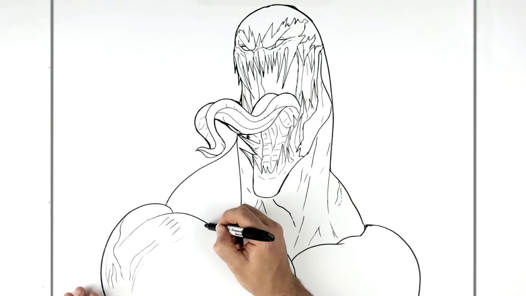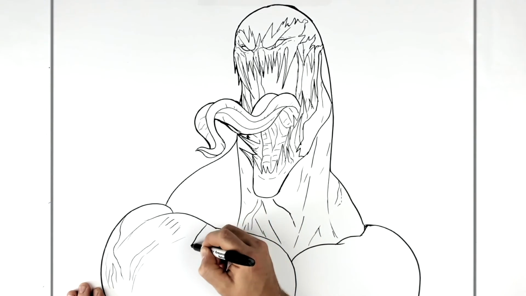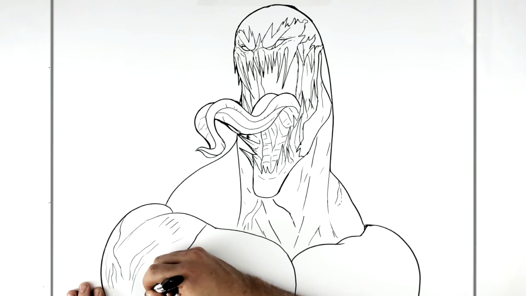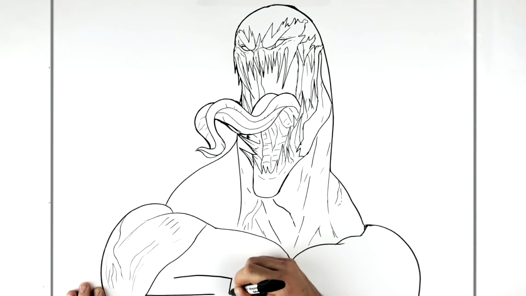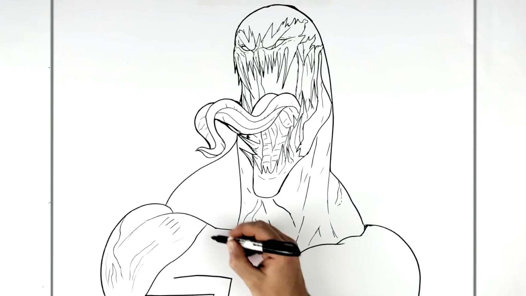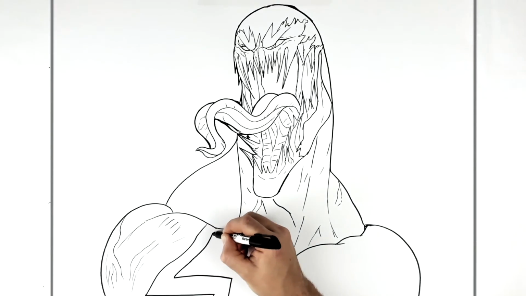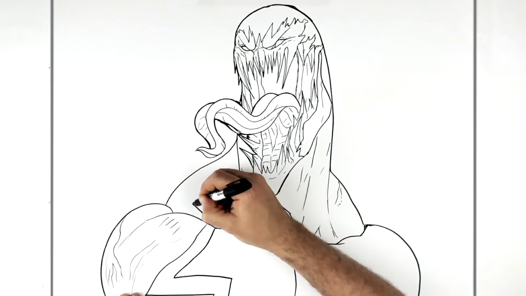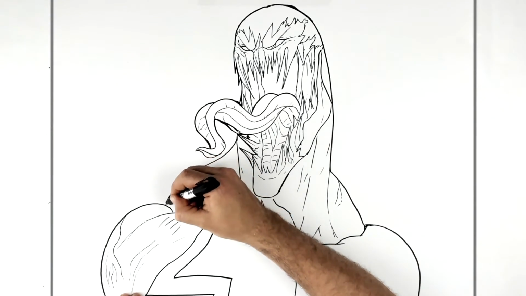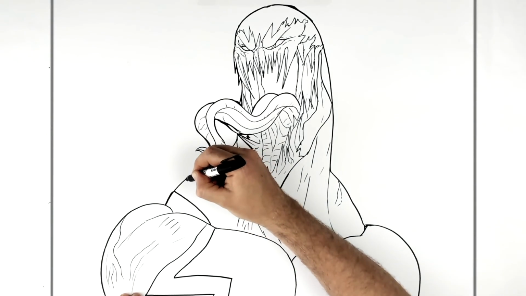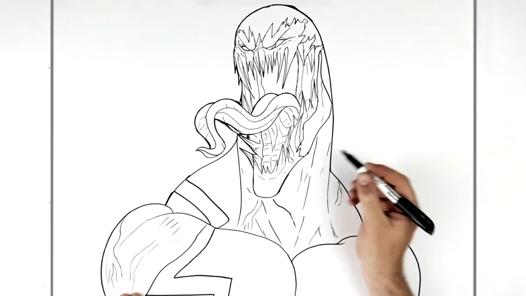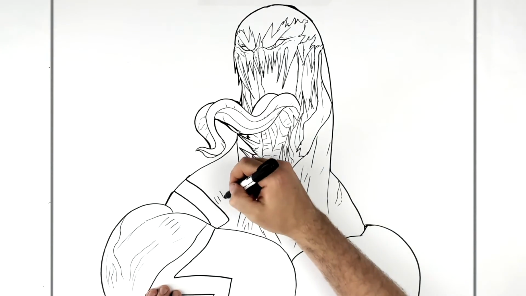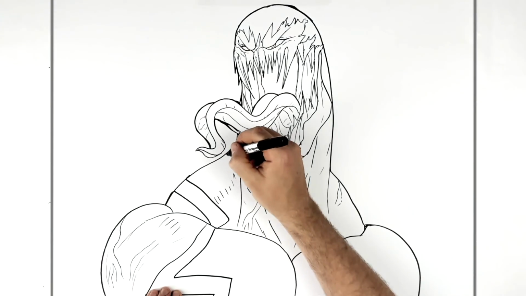And then he's got that black spider lines coming down his chest here. There, and then it goes behind here. This goes down like so. Maybe some texture there.